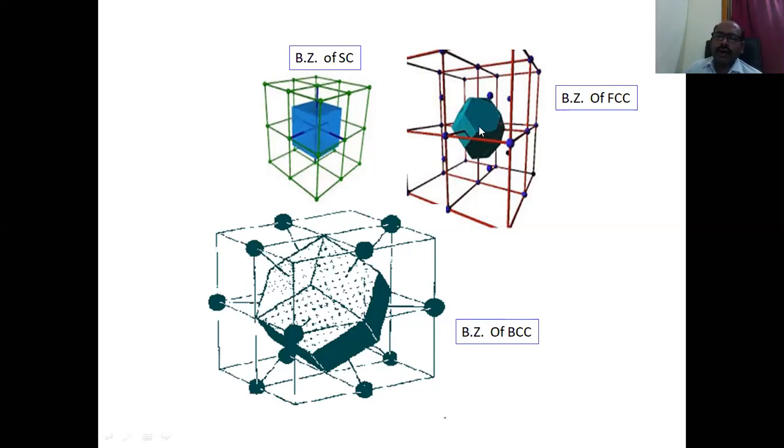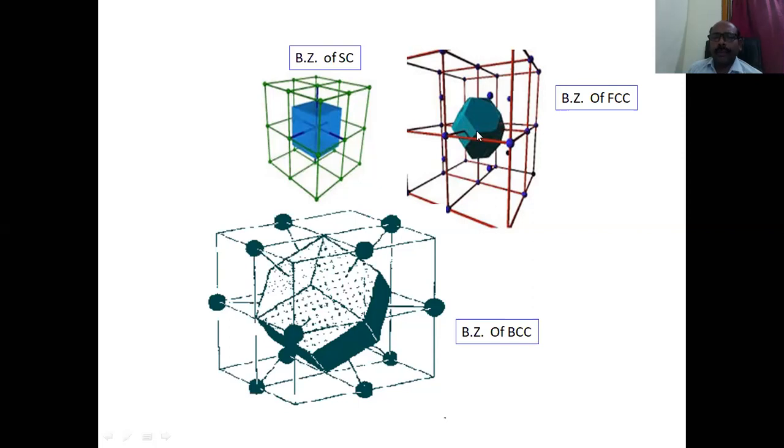If it is formed at the body center of FCC, the six-sided faces align in the direction of the corners, and the four-sided faces align along the coordinate axes, whether positive x or negative x, positive y or negative y, positive z or negative z.